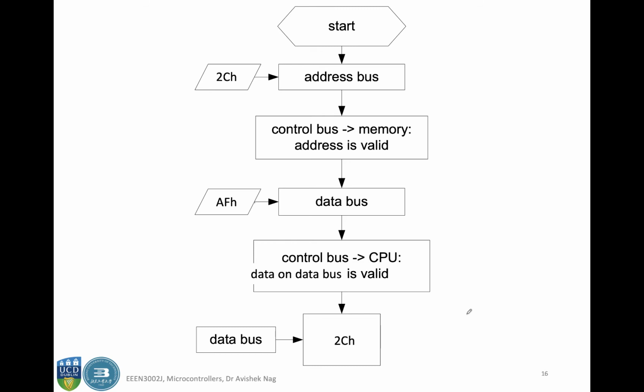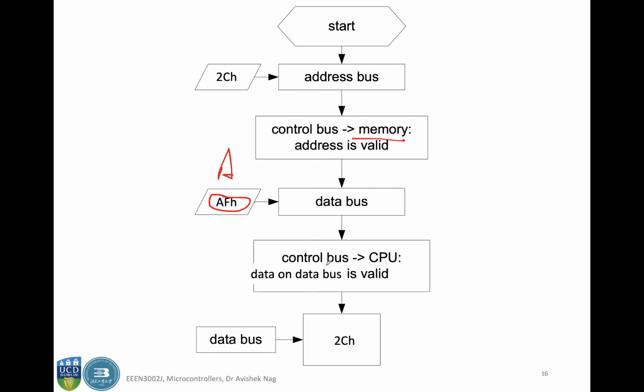Then we will fetch the data, which is AFH, to the data bus. This data is moving to the data bus from the register A. This data is in your register A right now, and register A puts this on the data bus.